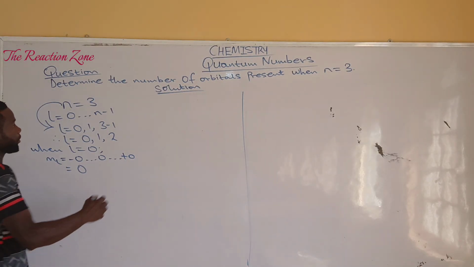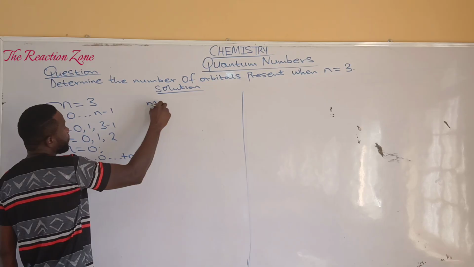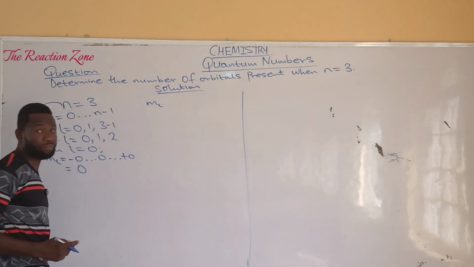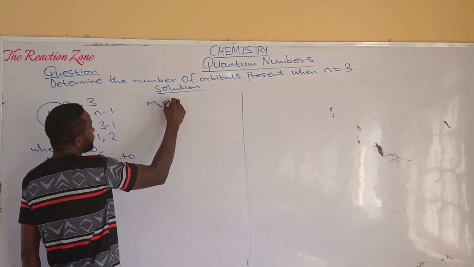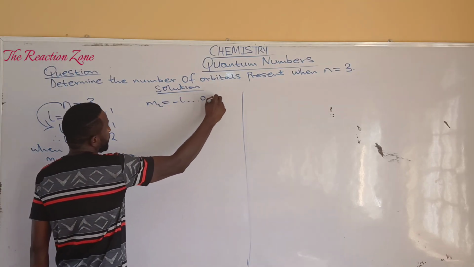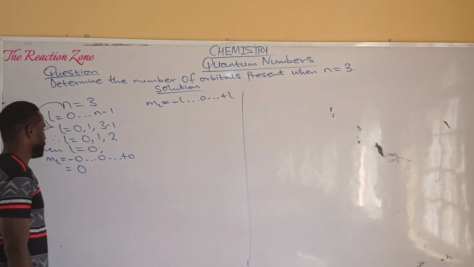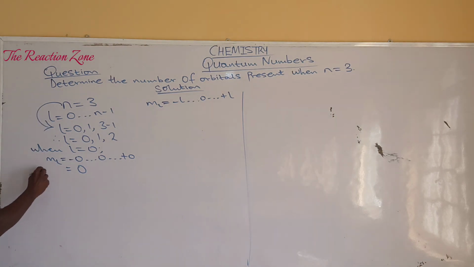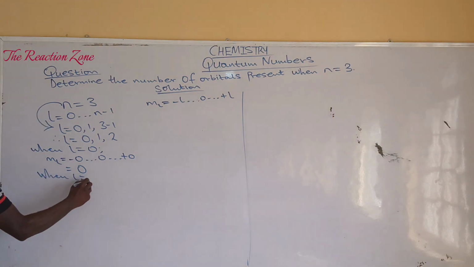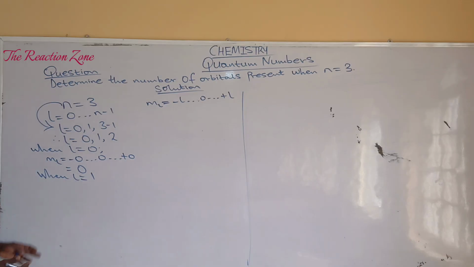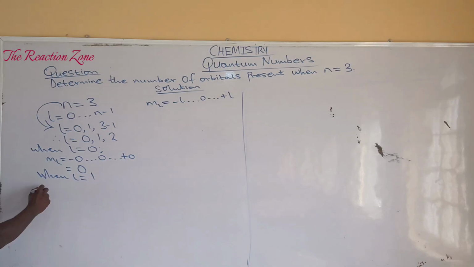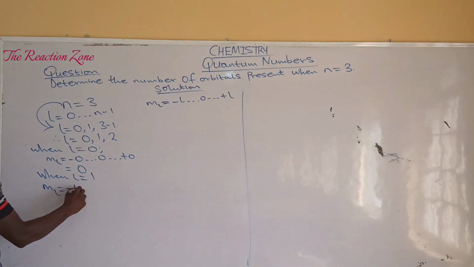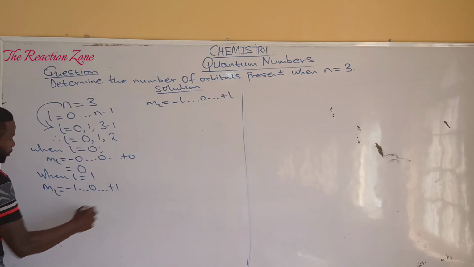Now let us recall that the values of the magnetic quantum number depend on the azimuthal quantum number and range from minus L through 0 to plus L. Also, let's not forget, L has 3 values, 0, 1, and 2. So when L is equal to 1, the values of the magnetic quantum number ML will be minus 1, 0, plus 1.